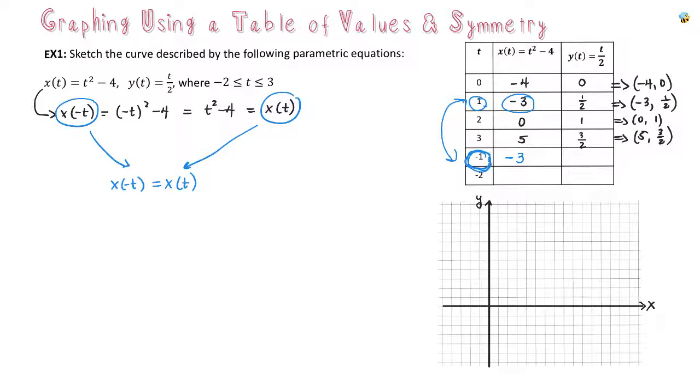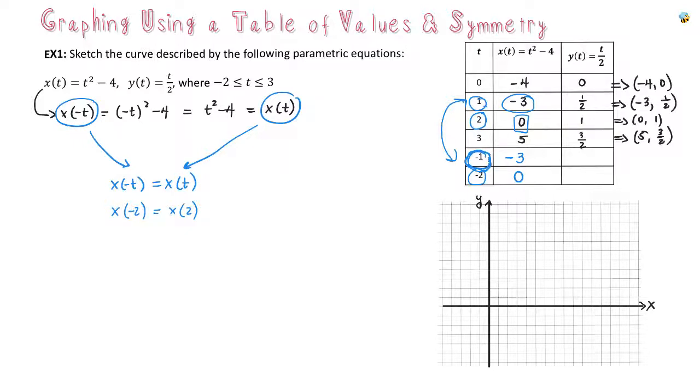Same thing with t equals negative 2 right here. I know that x of negative 2 will be identical to x of 2. What is x of 2? X of 2 is 0. So here I am going to have 0 as well for the x value.